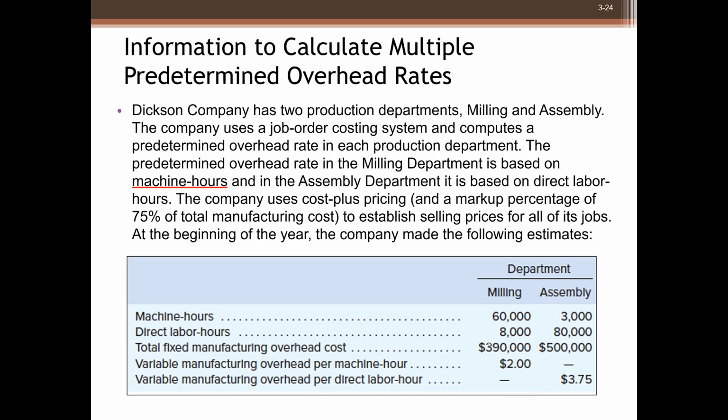Machine hours is the allocation base for the milling department. Direct labor hour is the allocation base for the assembly department. So when we calculate a predetermined overhead rate, we will get different rates.